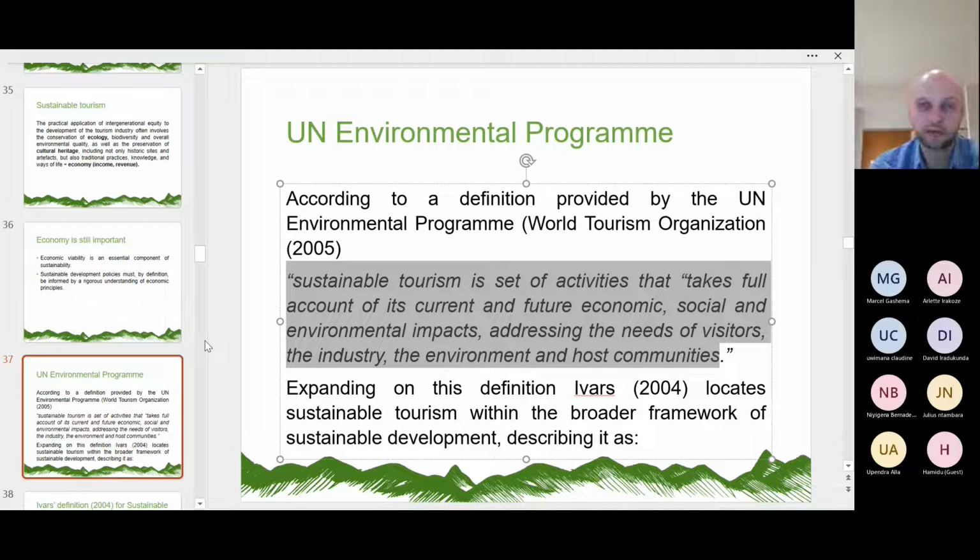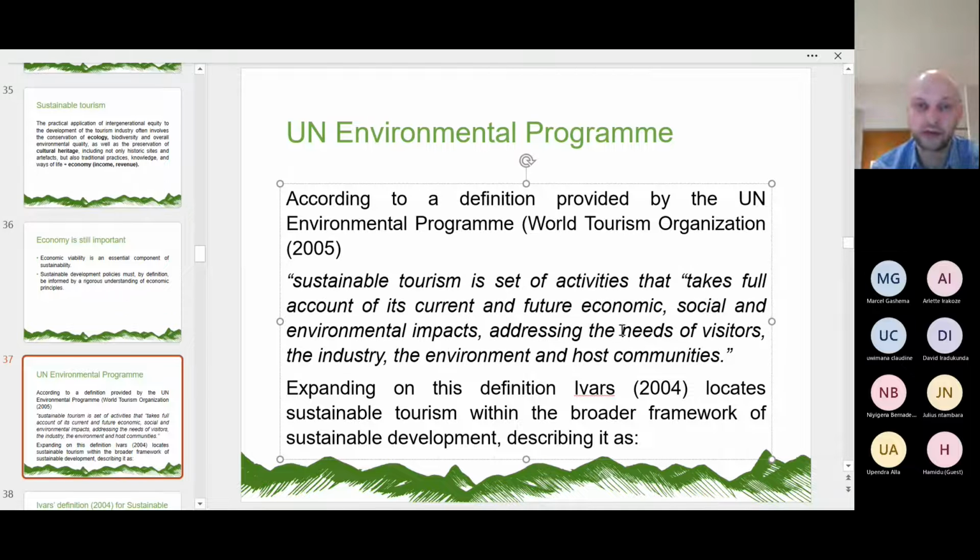Please take into account that we are focusing on the four capitals of tourism: economic, social, environmental, and cultural.